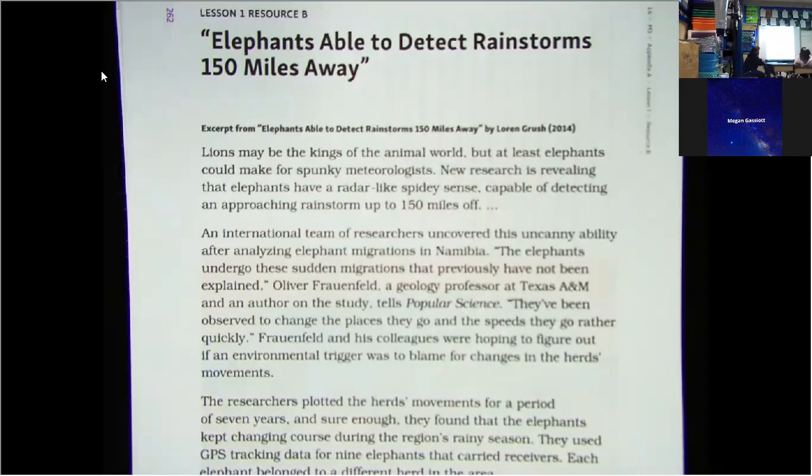Elephants able to detect rainstorms 150 miles away. From Shreveport to Dallas is 180 miles. So if an elephant were to be standing in Shreveport, it would be able to detect a rainstorm right outside of Dallas. And I don't mean because it's watching the news. So let's read the article and find out how that occurs. That's pretty amazing, isn't it?